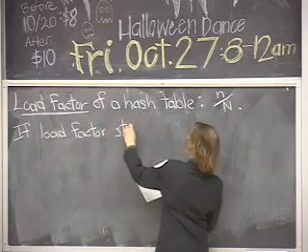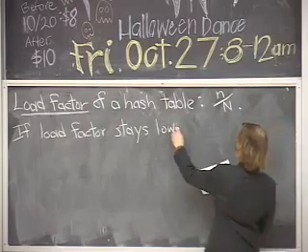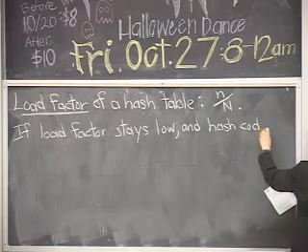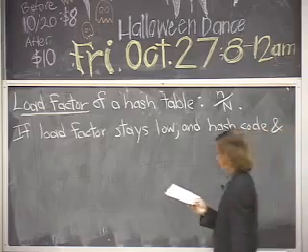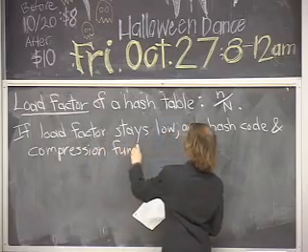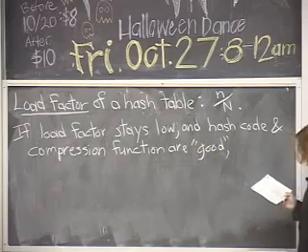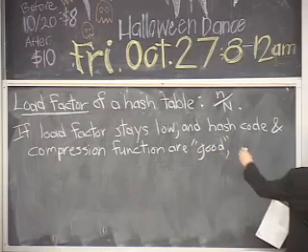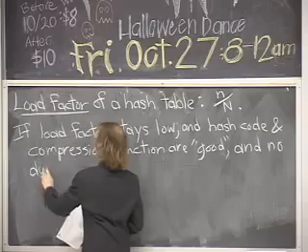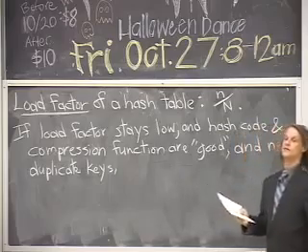But if the load factor stays low, meaning close to a small constant, and if the hash code and the compression function are good, and we'll talk more later about what it means for those to be good, and if there are no duplicate keys, because after all, duplicate keys all wind up in the same bucket, then the linked lists stay short.